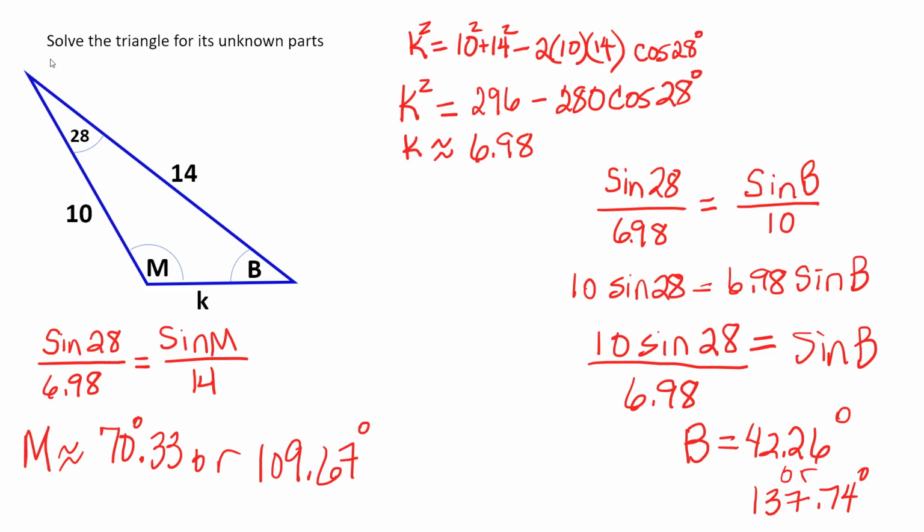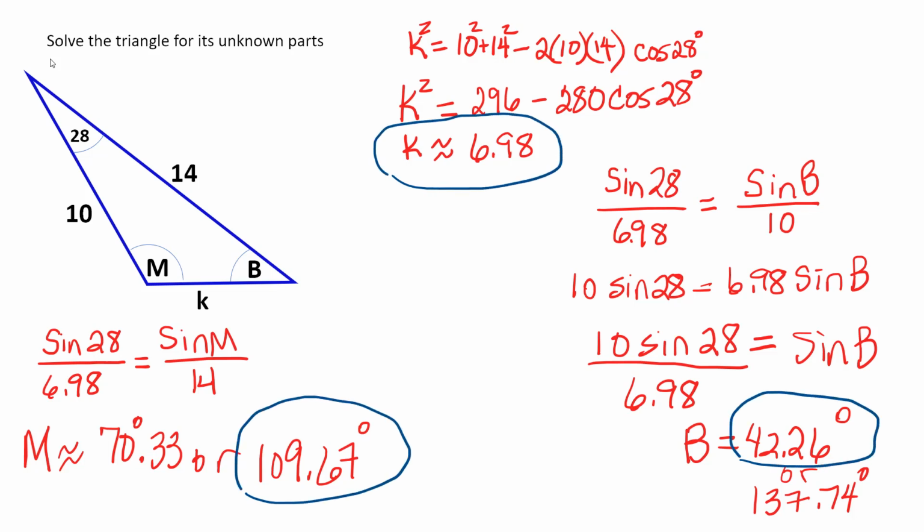And also, if you look at the three angles we have to deal with here, we have 28, we have M and B. The only way we can get three angles to add up to 180 is if we use the obtuse M and the acute B. So those are the values that we have found for the unknown parts.